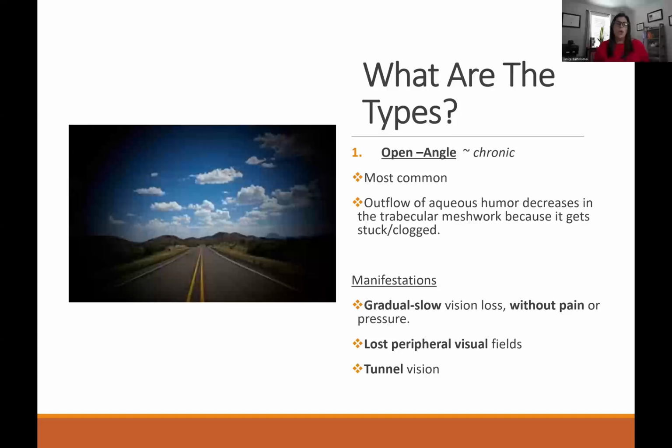Some of the manifestations are gradual, slow vision loss that does not cause any pain or pressure for the patient. You start losing peripheral visual fields, to the right and to the left, and the individual just sees the middle only. That's what we call tunnel vision.